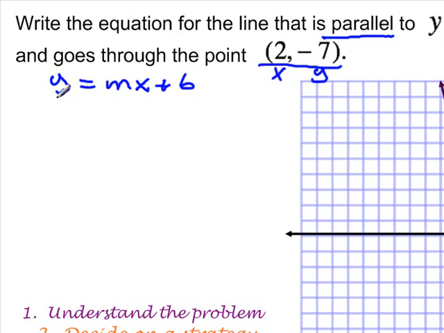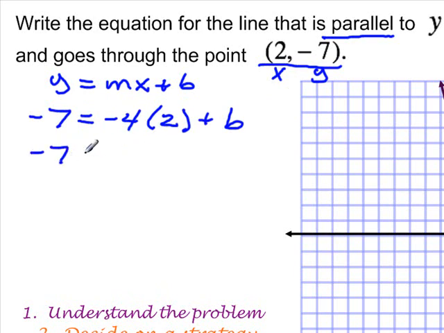So let's replace our y in this equation with a negative 7. The m is negative 4. X is 2. And we're solving for b, the y-intercept. We'll begin by multiplying negative 4 times 2, which is negative 8.